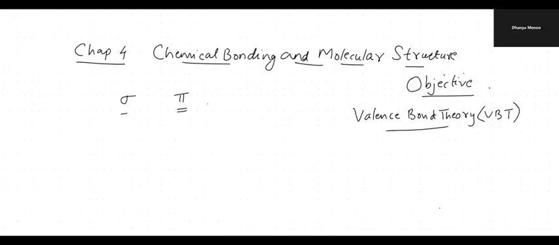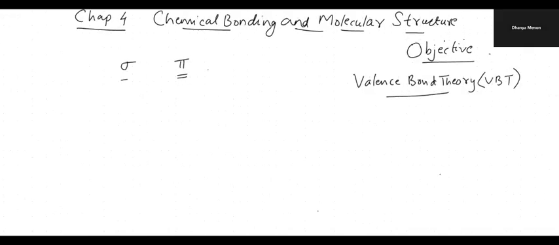Now we know that the electrons are in different orbitals, right? They can be in S, P, D, or F. Valence bond theory explains how the atoms come closer and the orbitals overlap. So overlapping is between the orbitals.